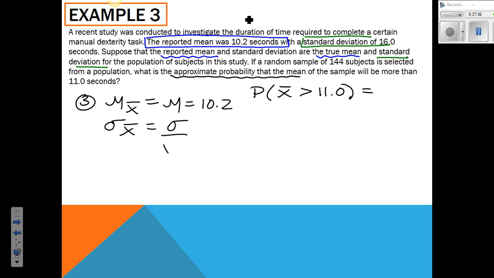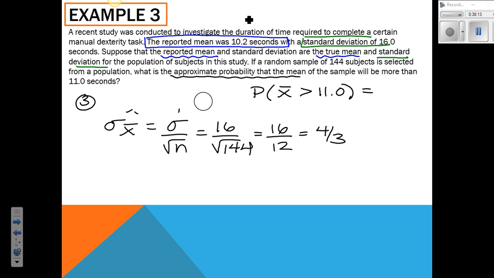Sigma sub x bar is sigma over square root n, and that's going to be 16 divided by the square root of 144. The square root of 144 is 12, so 16 over 12, which is 4/3, or 1 1/3. Got to do that quick mental math. So you have all that, correct?